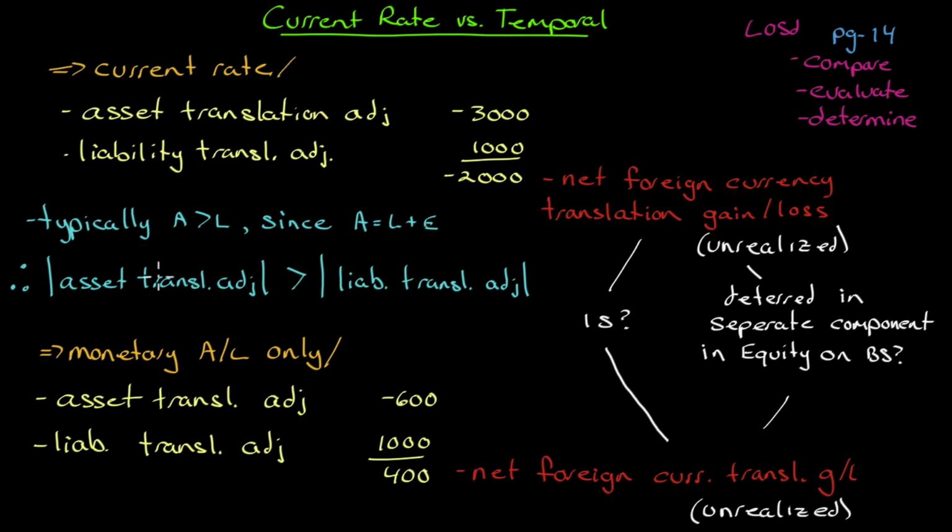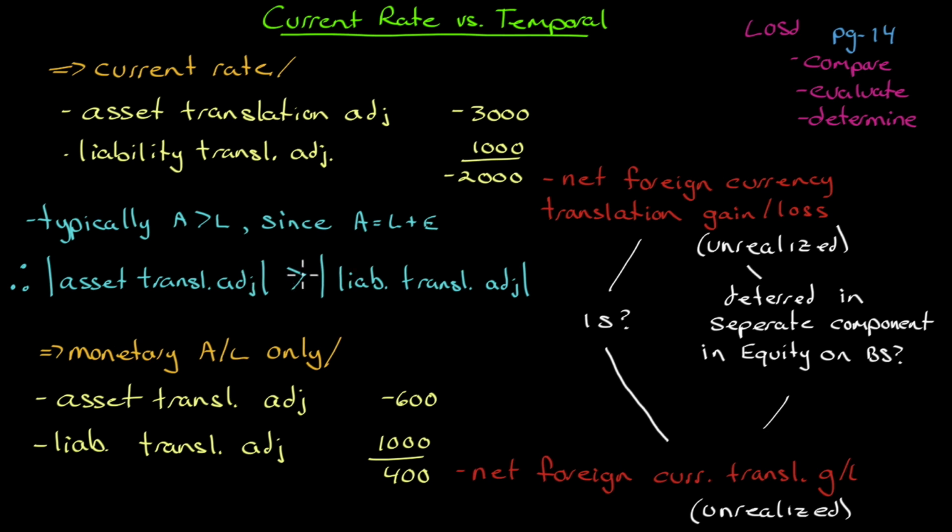So because the translation adjustment for the asset is greater than the translation adjustment for the liability, the gain or loss depends on whether the currency weakened or strengthened, right? I'll talk more about that a little bit later. I just want to bring that up, that's an important relationship.